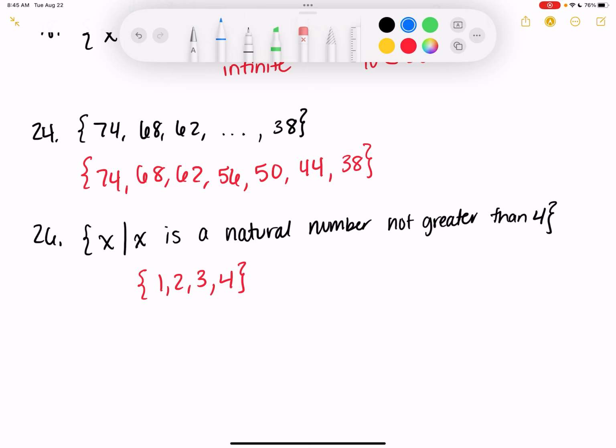So 28, 9 blank, the set of 2, 3, 5, 9, and 8. So is 9 an element of that set? Yes, because it is in the set here, so it is an element of.